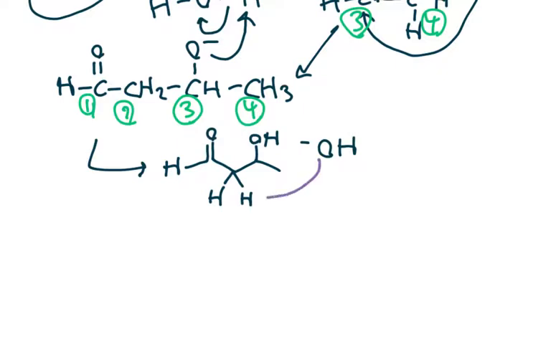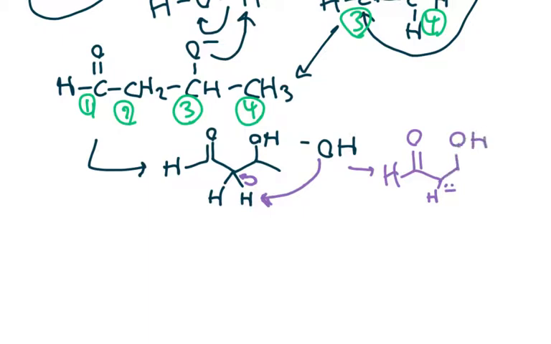And one of these guys is going to get taken, and these electrons are going to go to this carbon. That's going to make us a carbanion. This is not a smile, it's 2 electrons and a minus sign.